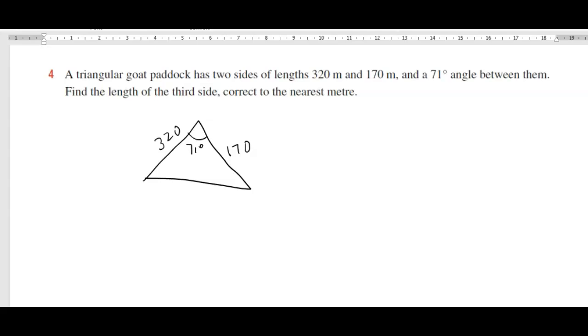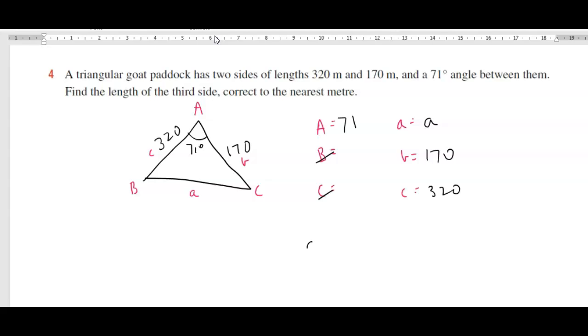So let's label the triangle. Let's call it angle A, B, C, this is B, this is C. So angle A is 71. We're not using B or C. Little a is what we're looking for, so you can call it X if you want, or just little a. B is 170 and C is 320.